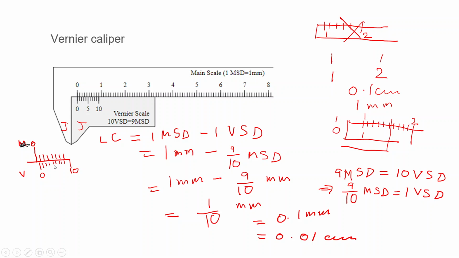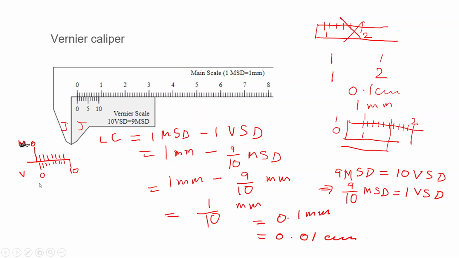This can happen if the instrument is very old, it has got rusted, or got broken or bent. From the factory when we get it, it should be without any zero error. But after a long time, it got old or bent or damaged, because of which the zero of the main scale is not exactly coinciding with the zero of the vernier scale, and now they are shifted.